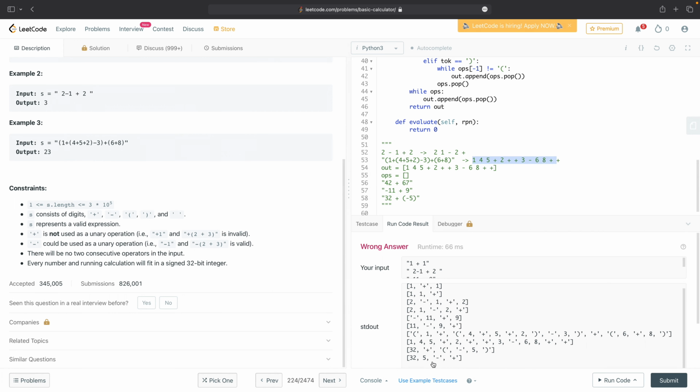That's going to do a 32 minus 5, which is kind of correct, but then leave me with a plus hanging around, which doesn't do anything. Maybe that's okay.